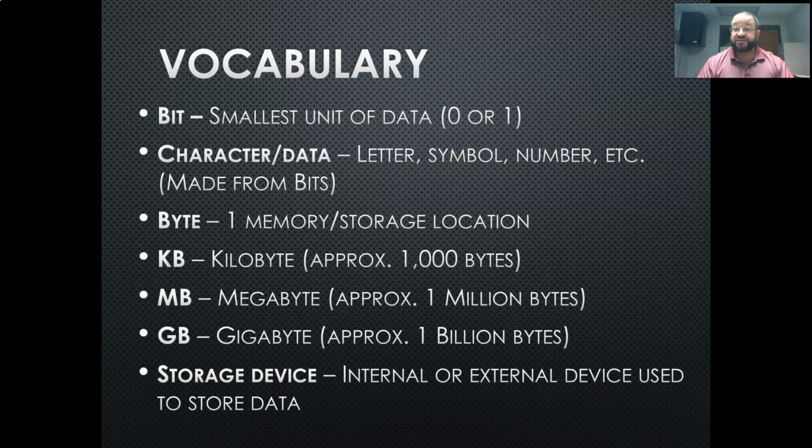You fill up 1,000 bytes, you get a kilobyte. Fill up 1 million bytes, you get a megabyte, and then you fill up 1 billion bytes, you get a gigabyte. And of course, they are all stored somewhere on the computer. Every computer that boots on its own needs to have some way to store the information.